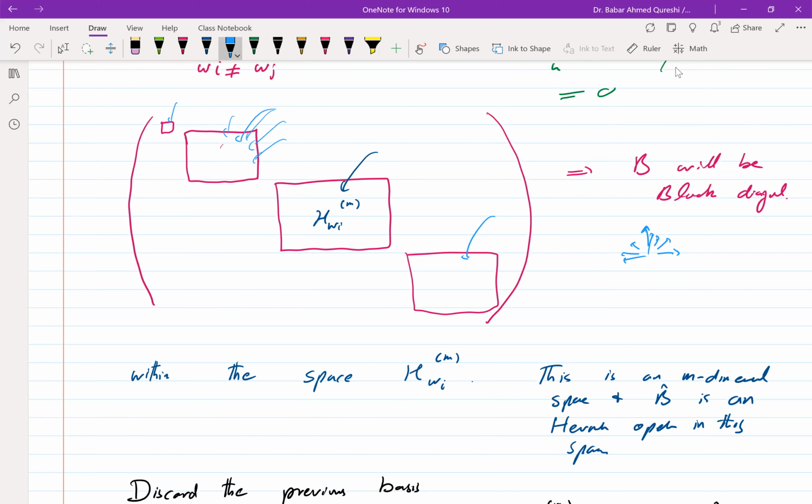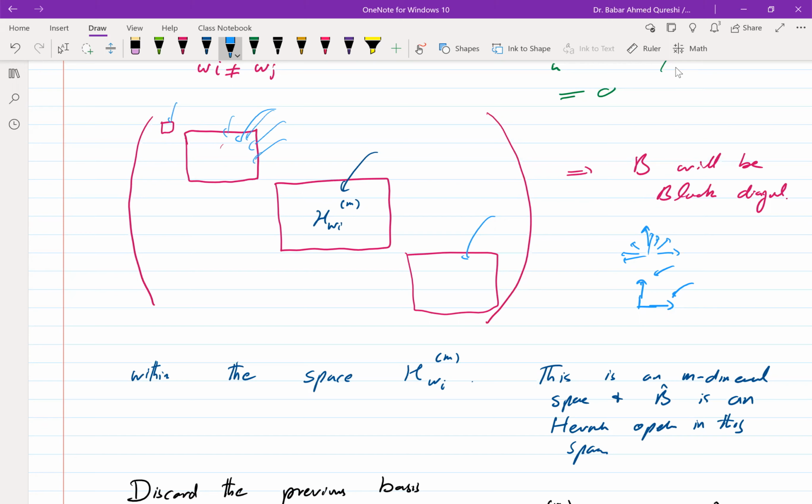Now, if you bring in B, then you can reduce the choice. For example, B could have distinct eigenvalues on these two. Then this space splits into a direct sum of two one-dimensional subspaces, and you cannot rotate between them, because as soon as you rotate between them, B is no longer diagonal, since you are not picking an eigenvector of B if these two vectors have different eigenvalues for B.